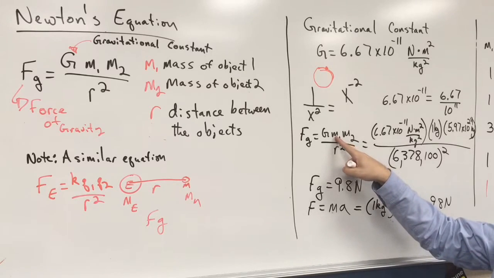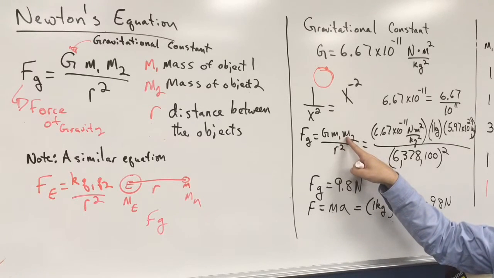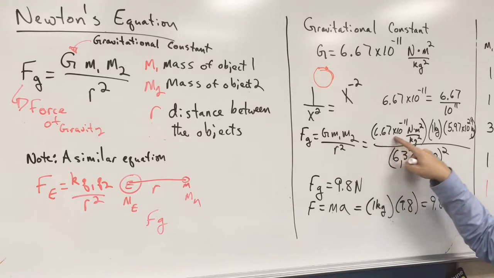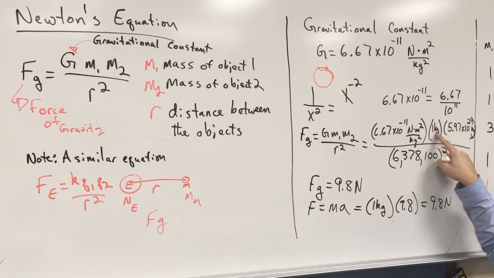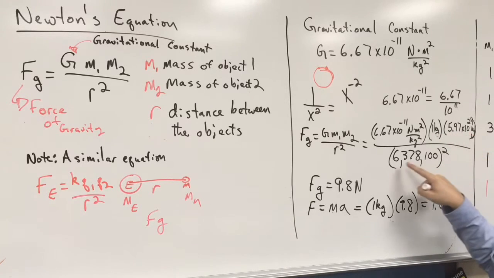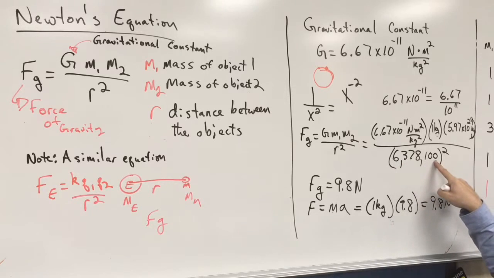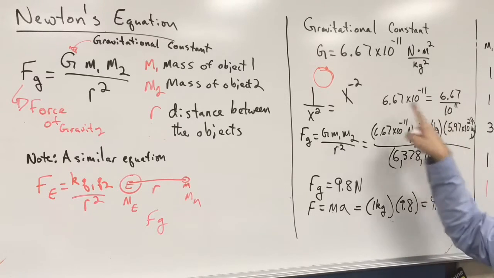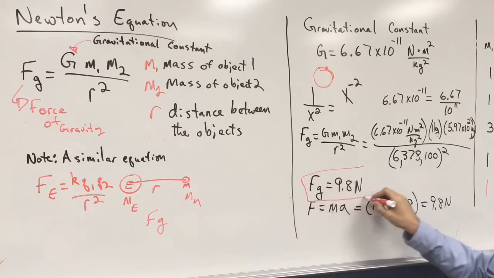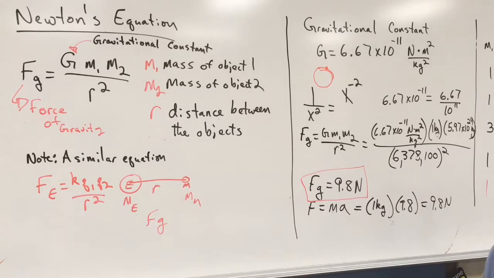Object 1 is the Earth, object 2 is the bowling ball, and then we have the distance between them. Here's G, the bowling ball of 1 kilogram, the mass of the Earth, and the radius of the Earth. I plug all those numbers into my calculator, and I get the force of gravity equals 9.8 newtons.